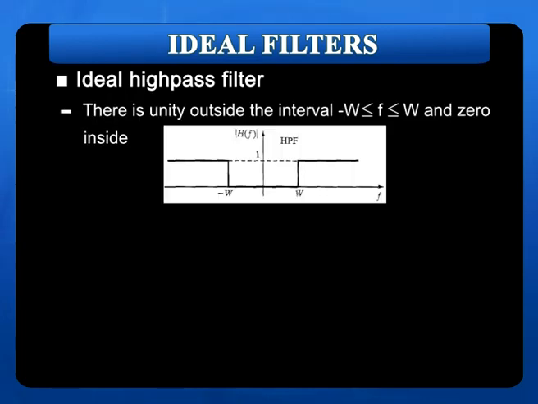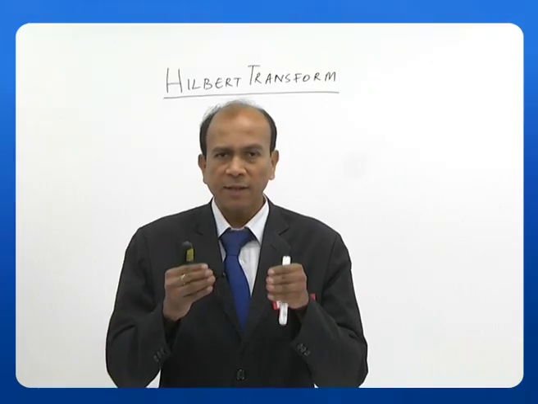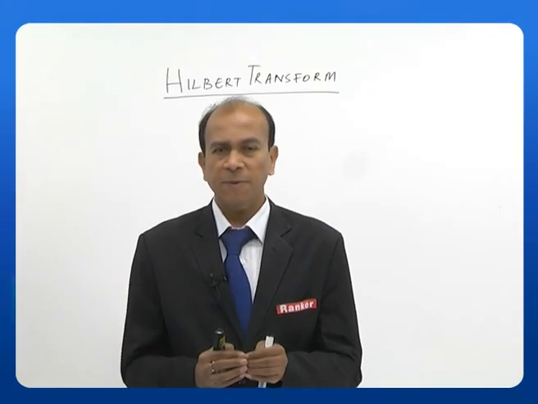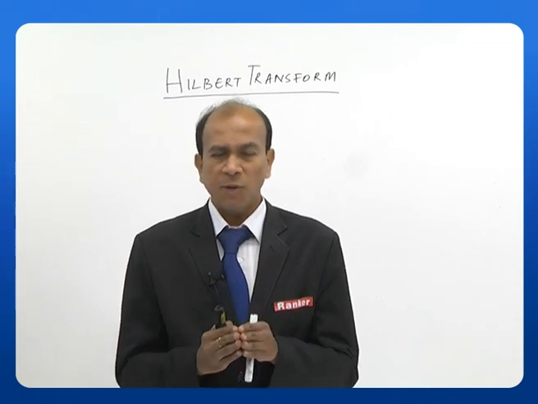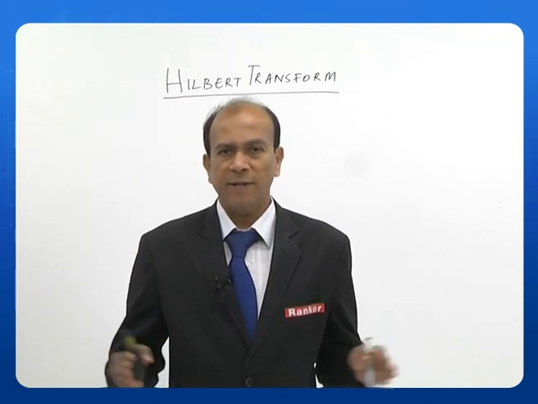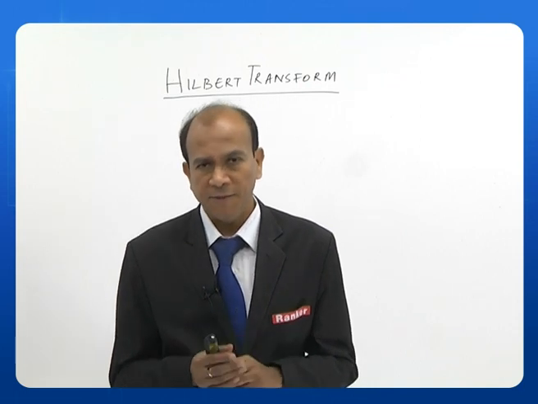Then you can have an ideal high pass filter. In an ideal high pass filter, there is unity outside the interval minus W less than or equal to f less than or equal to W and 0 inside. It means certain low frequency components are being eliminated, so we are looking at components beyond it. So that is an ideal high pass filter.